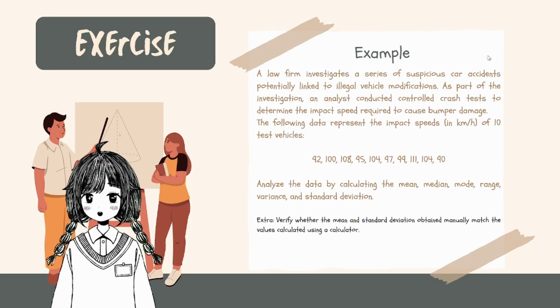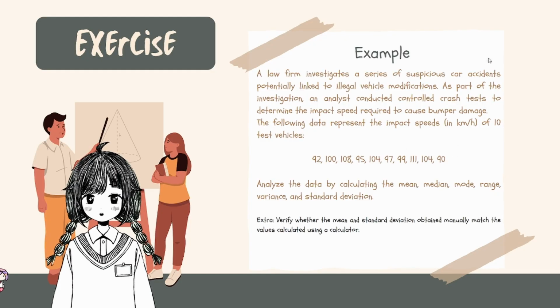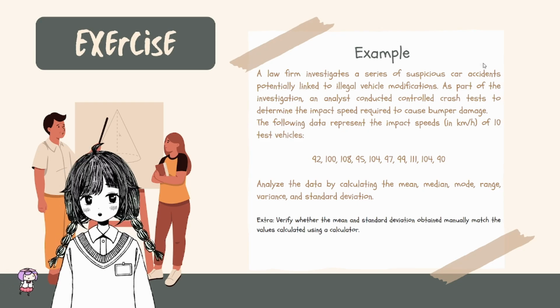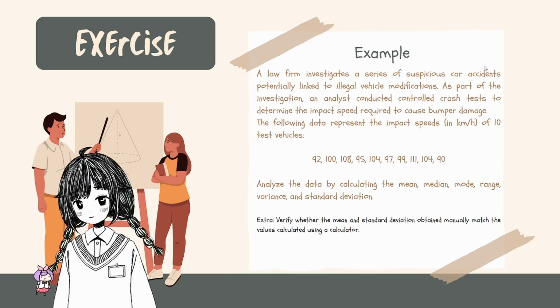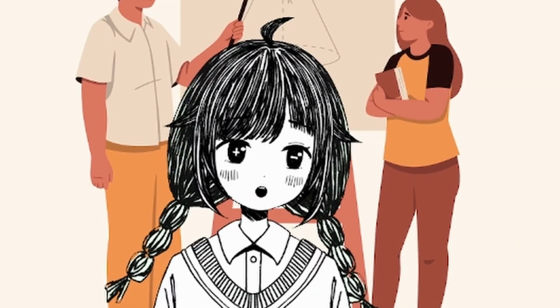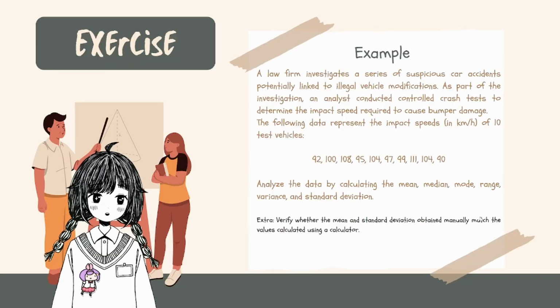The following data represent the impact speeds of 10 vehicle tests. Analyze the data by calculating the mean, median, mode, range, variance, and standard deviation. We can ignore the extra for now and focus on the question.